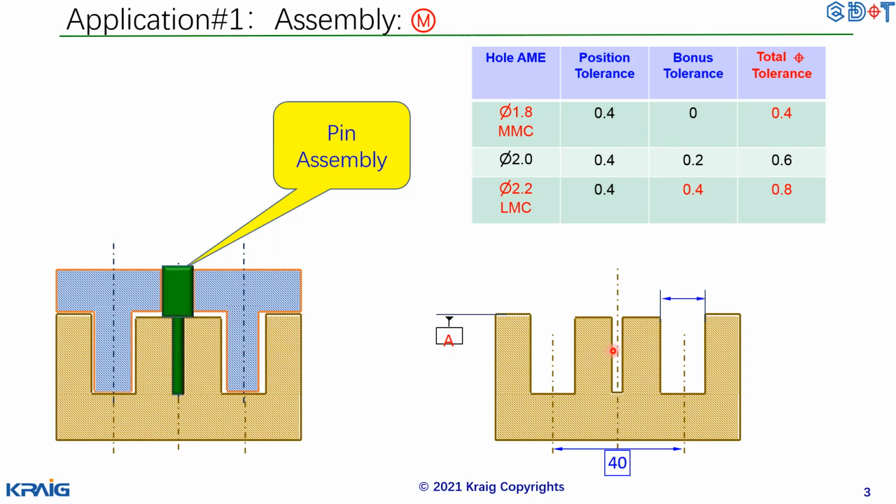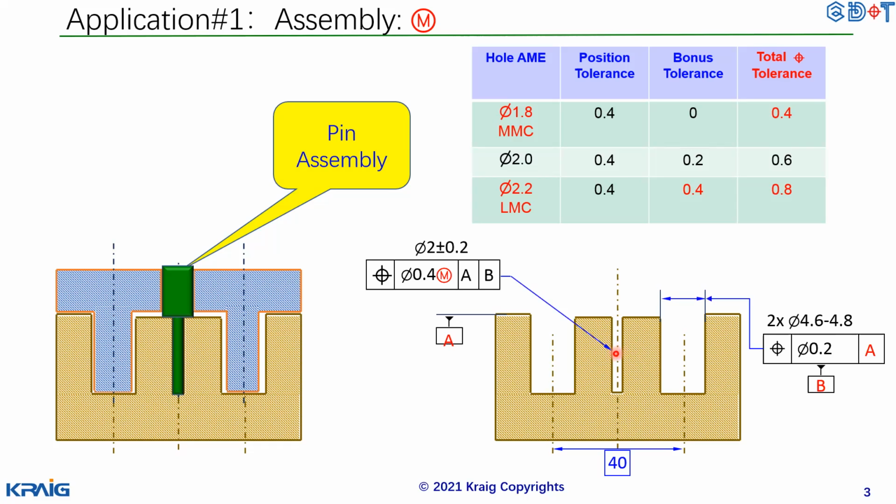If the hole size is bigger, then even if the position deviates further, the function of assembly is still okay. So in that case, we need to add bonus if the hole size increases. That's why we put the MMC modifier here.